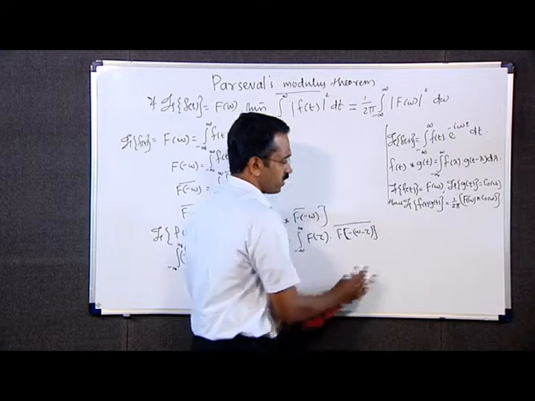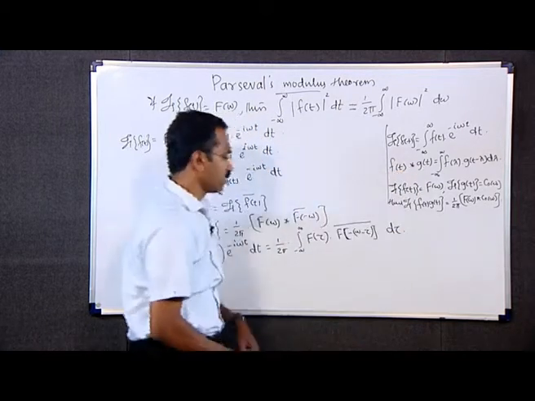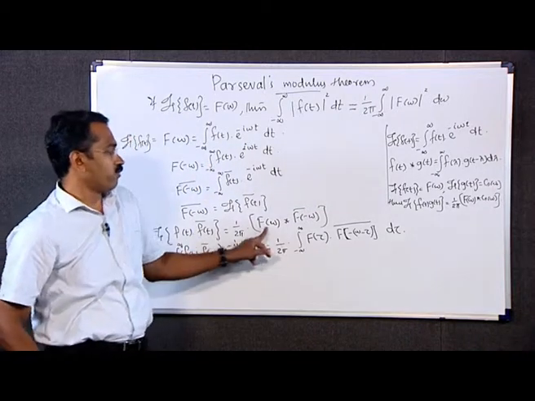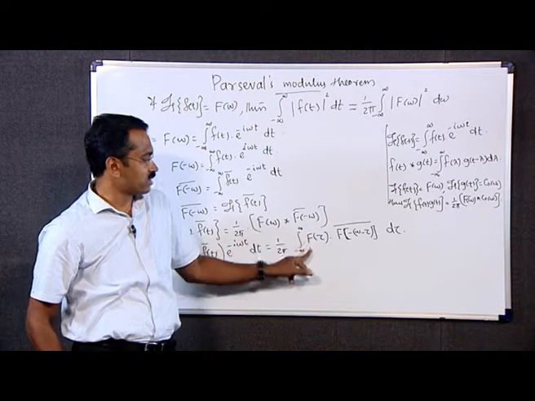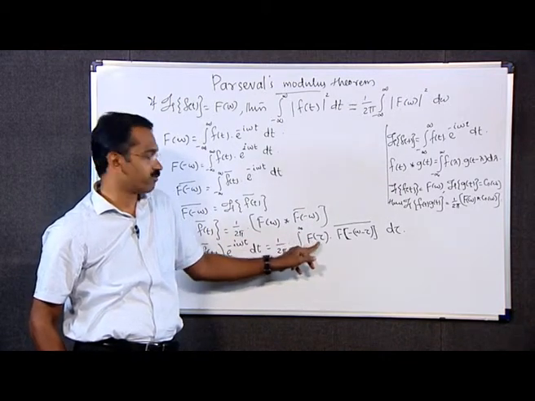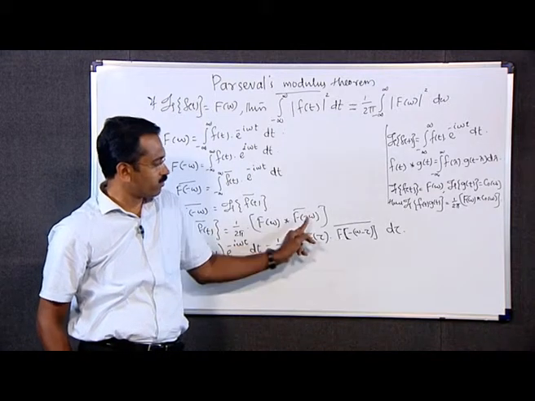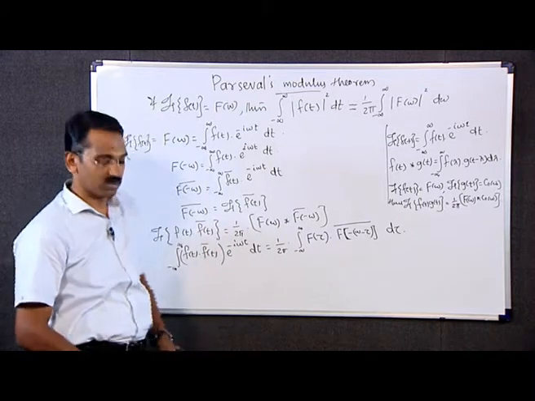This is from the definition of convolution: F of omega convolution F of minus omega conjugate is integral from minus infinity to infinity F of tau into F of negative of omega minus tau conjugate d tau.